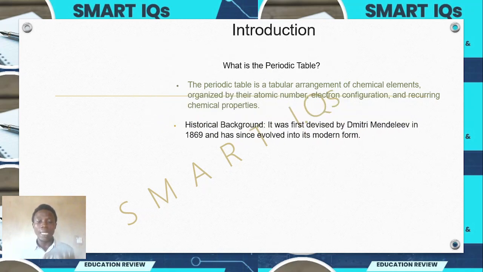Then historically, Dmitri Mendeleev, a Russian chemist, back in 1869, gave us a very good understanding of the periodic table. He called it the periodic system, and that has since been modernized to what we have currently.